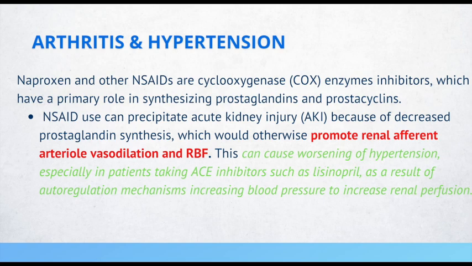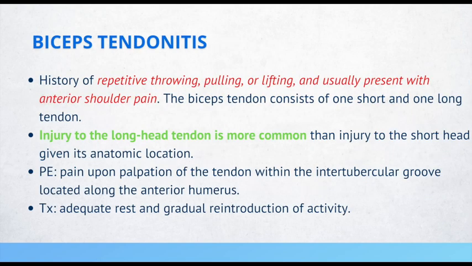Biceps tendonitis. Patients with this condition have a history of repetitive throwing, pulling, or lifting and usually present with anterior shoulder pain. The biceps tendon consists of one short and one long head.